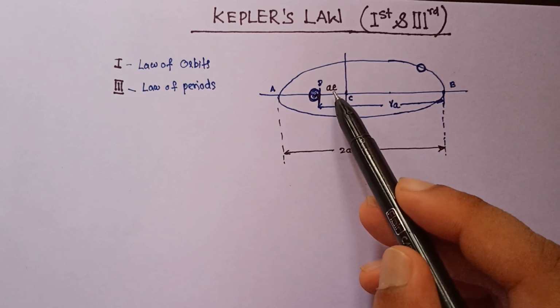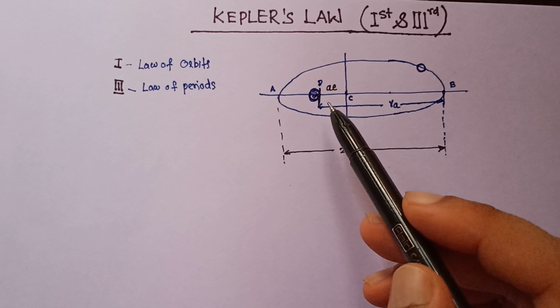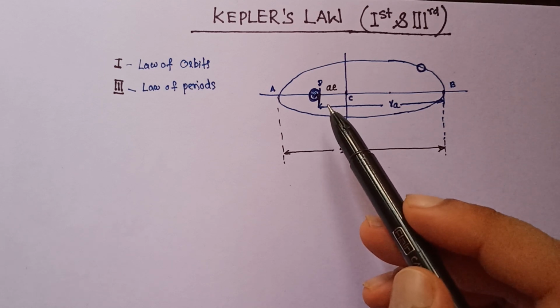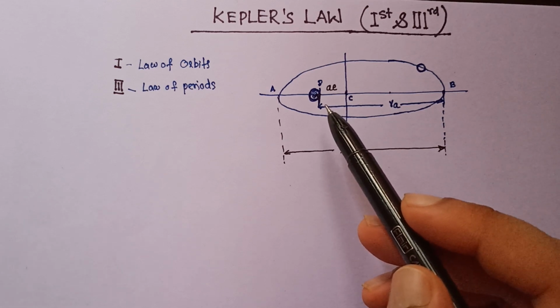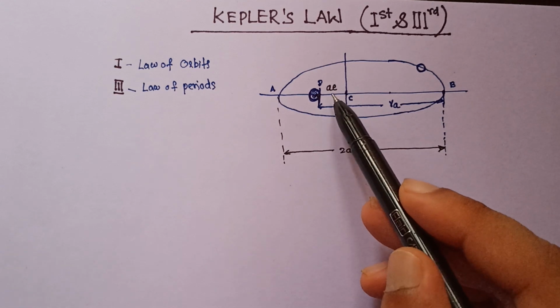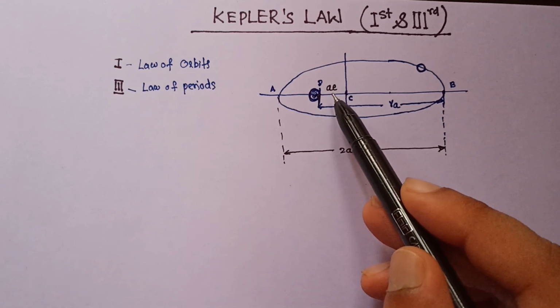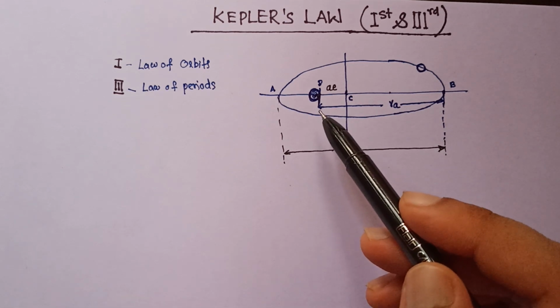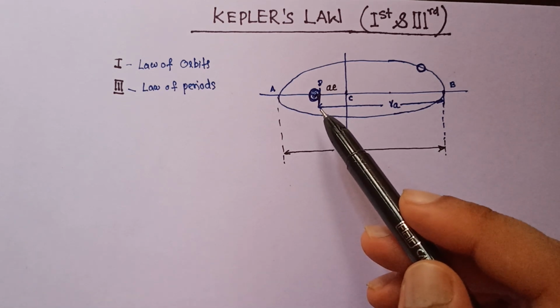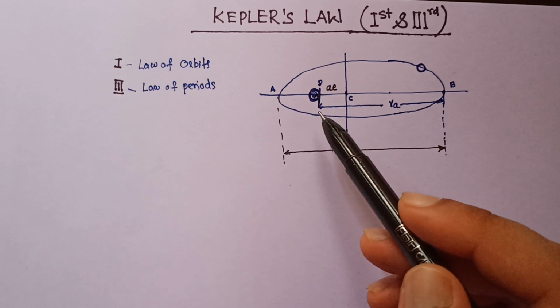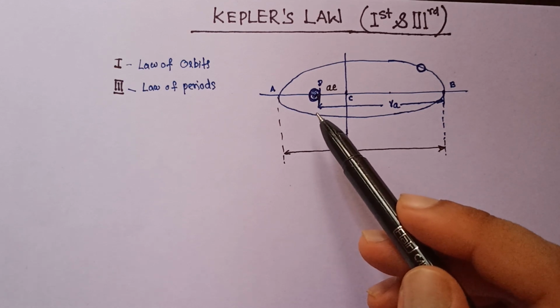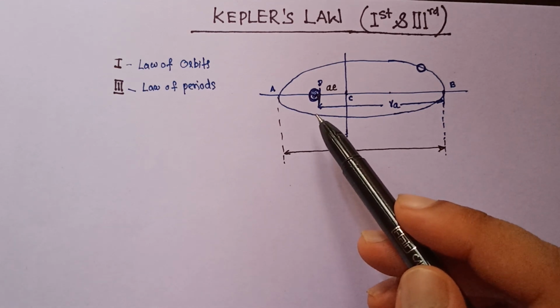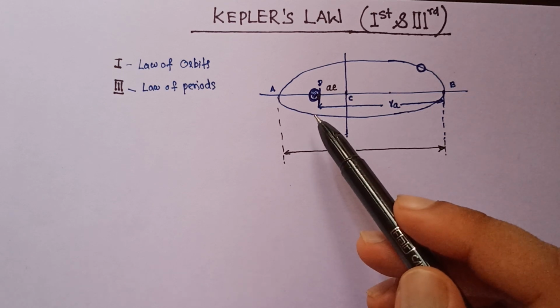If a motion is not circular, we have to associate a parameter called the eccentricity. An ellipse is not a circular path, so eccentricity comes into the picture as the deviation. For an ellipse it varies from 0 to 1, while a parabolic profile has different eccentricity values.